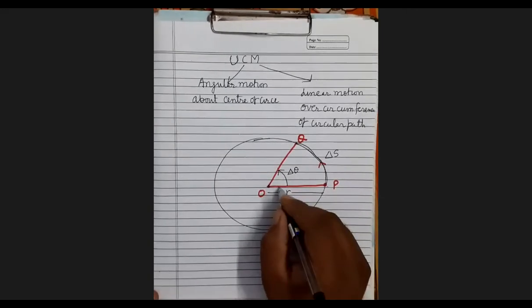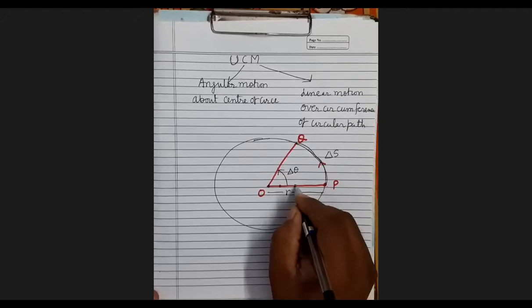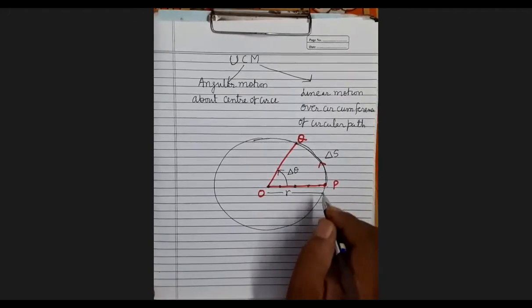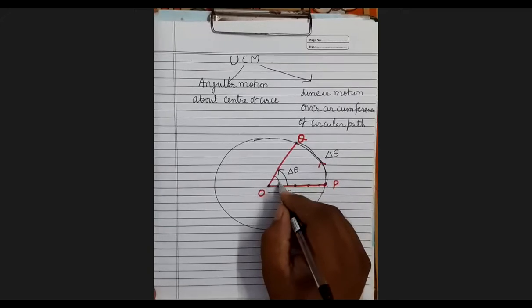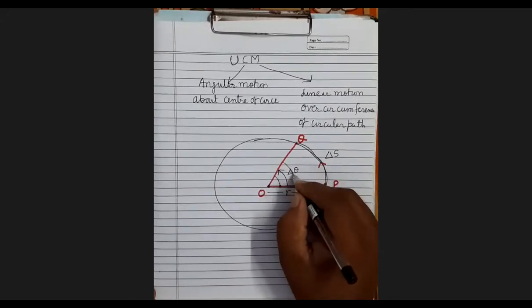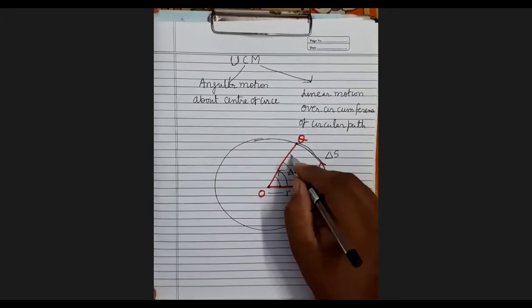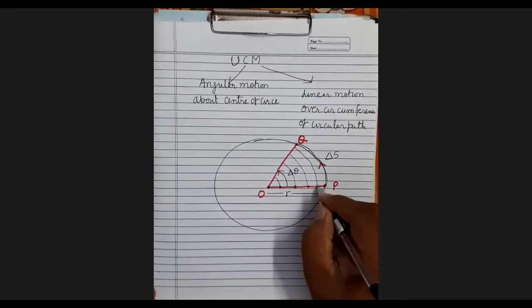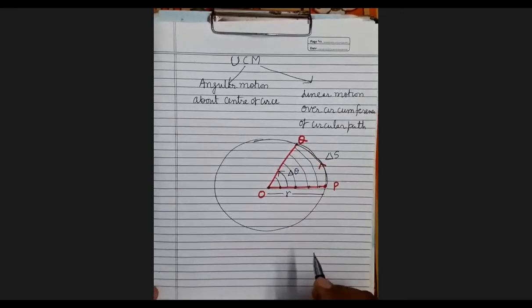If we take different points over this radius vector, we will find that all the points will rotate by the same angle. But what will happen to the distance moved by them over the corresponding circle?